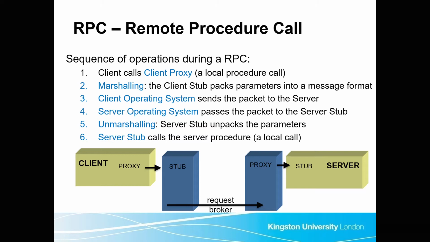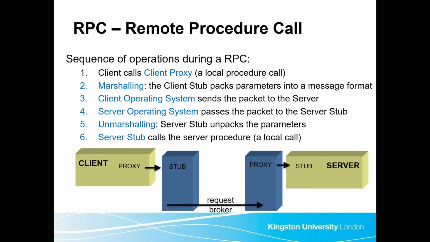So first of all, the client calls the client proxy, and this is a local procedure call. Then we have the process of so-called marshalling. The client stub packs parameters into a message format ready to be transferred across the network.